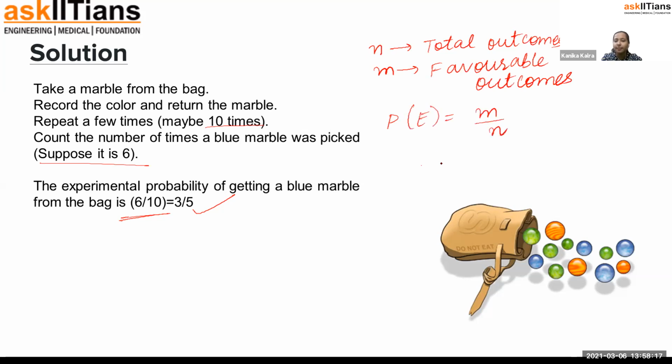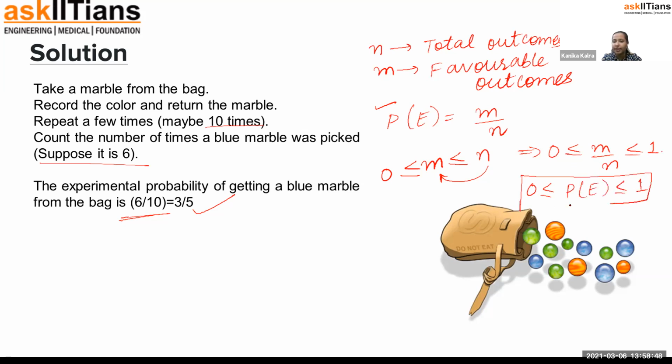Now, m cannot be greater than n, but it could be less than or equal to n, and greater than or equal to 0. So if I divide by n, we are left with 0 less than or equal to m over n less than or equal to 1. So m over n can be represented as the probability of event E. This shows that the probability of event E lies between 0 and 1 only.